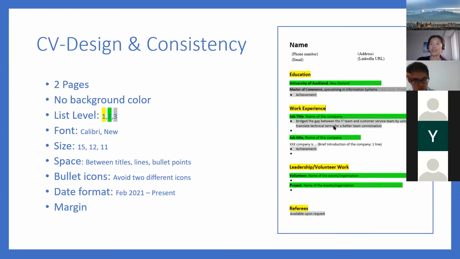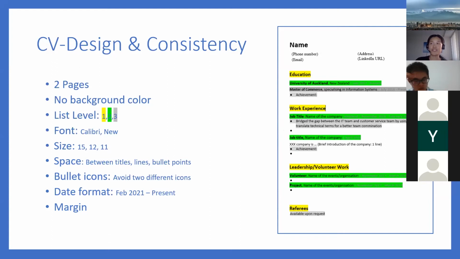And margin, my description is very long, so I extended the margin a lot. So you can see that my CV is almost towards the edge of the A4 page because I have a long description, but that's fine as long as the whole page looks nice.